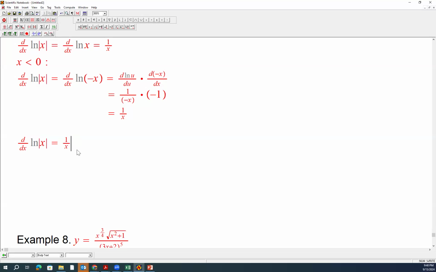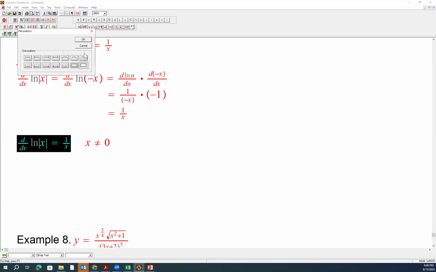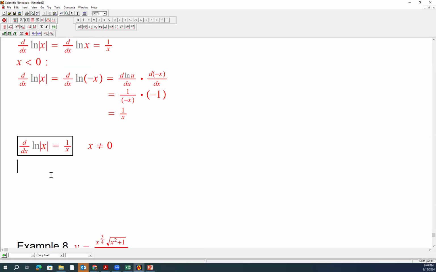So regardless, this is true for x not equal to 0, which is in the domain of the function. This formula is worth noting because we might be using it quite often.